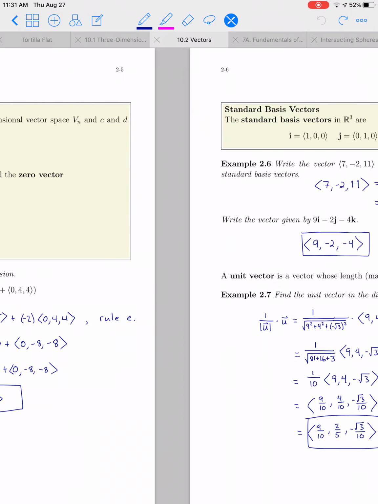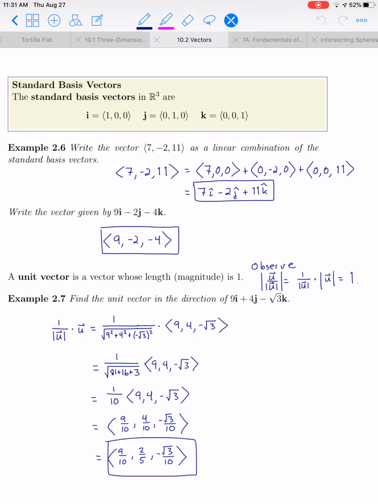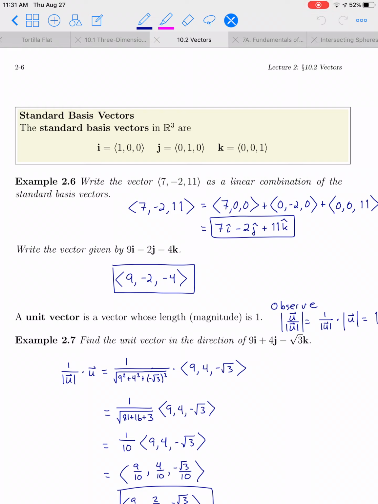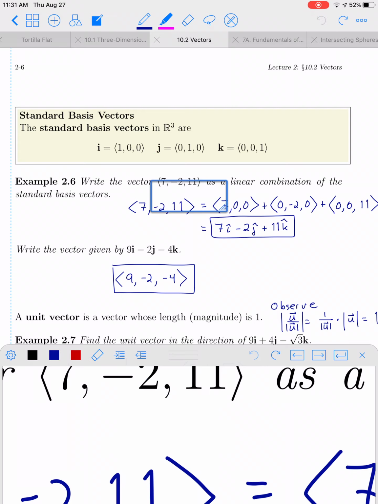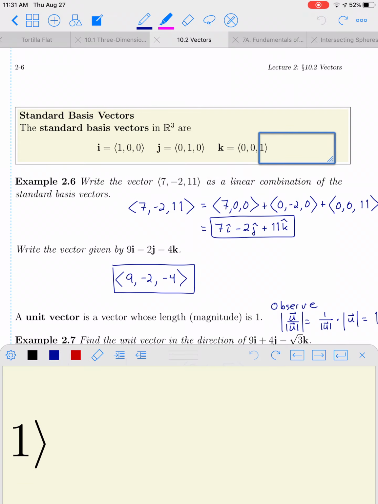Okay. Next, getting a little bit more interesting, the standard basis vectors. Again, if you've been in a physics class at this point, you've probably seen these standard basis vectors. For R3, we have i, j, and k. Just conventional names that we've given them. When we write these, instead of printing them in bold, we'll have hats on them.